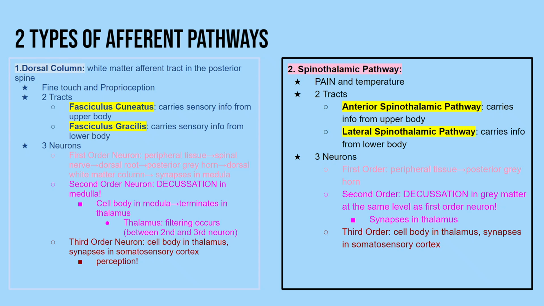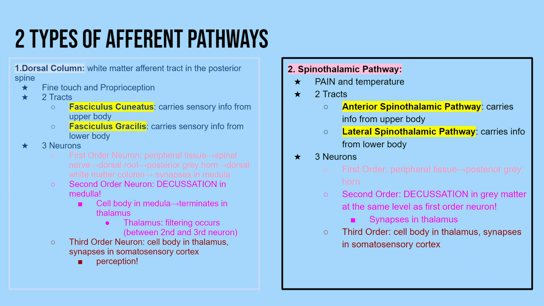So we're going to go back to this example, fine touch. If I'm just touching the table, the signal is going to go up my left arm to the left side of the spinal cord, travel up my spinal cord on the left side, and then cross over in the medulla, and then be registered by the right side of my brain.